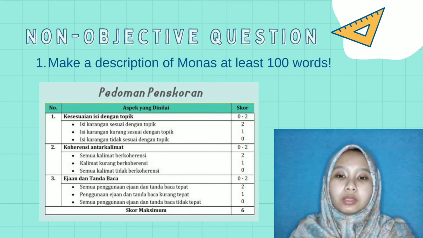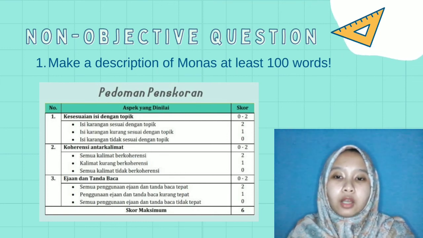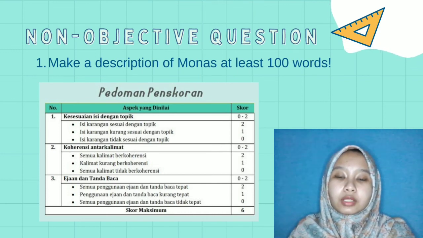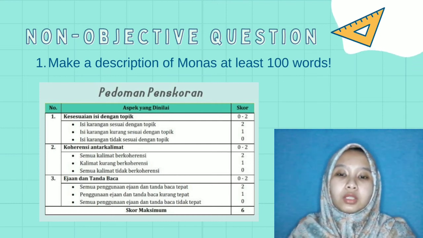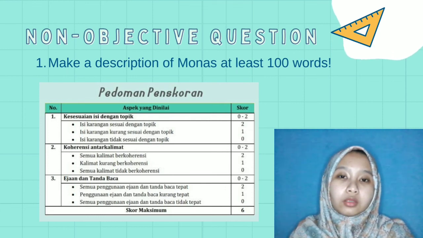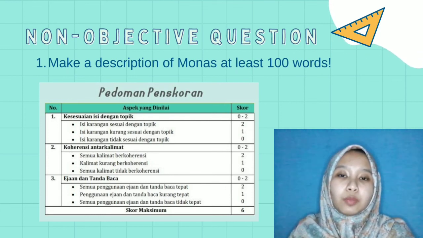For example, the question like this: make a description of monads at least 100 words. So students have to write a description about monads in 100 words or maybe more.